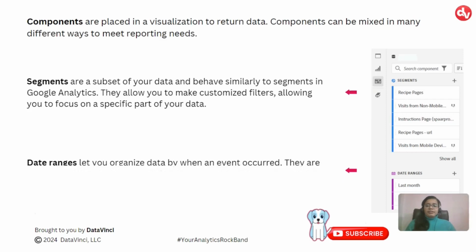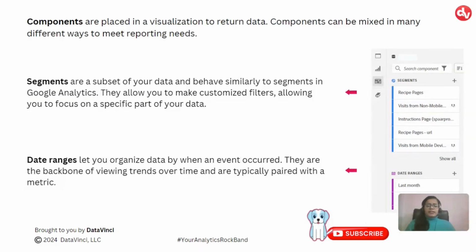Then we have segments. Segments allow us to dissect the data to view a specific part of our data. Then we have date range, which allows us to organize the data for a particular date range, like let's say 30 days, 28 days, etc.